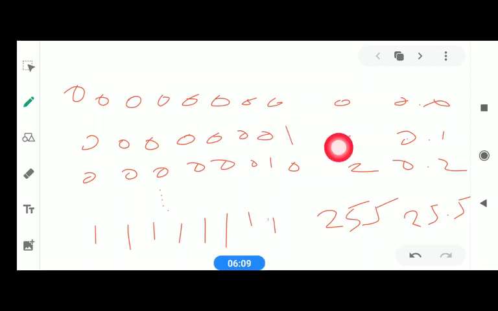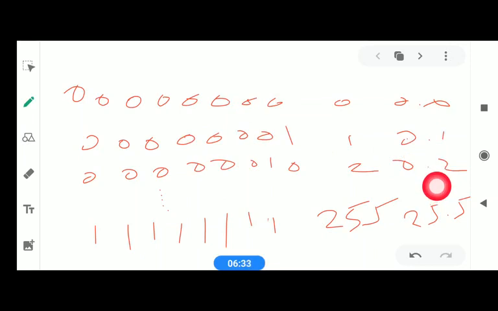Binary 1 means 0.1, binary 2 means 0.2, binary 3 means 0.3, binary 255 means 25.5. For each increase in binary input value, the analog value increases by 0.1.